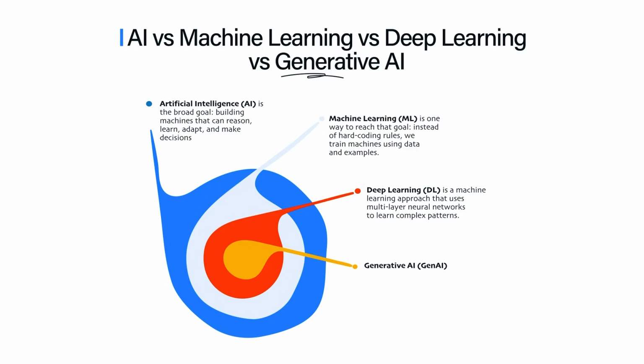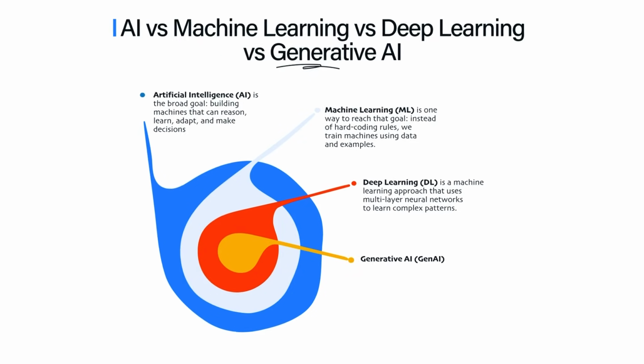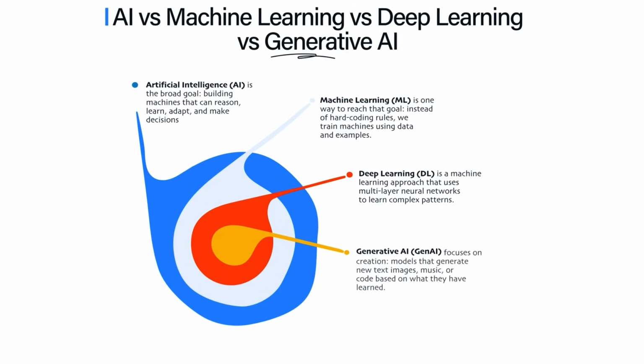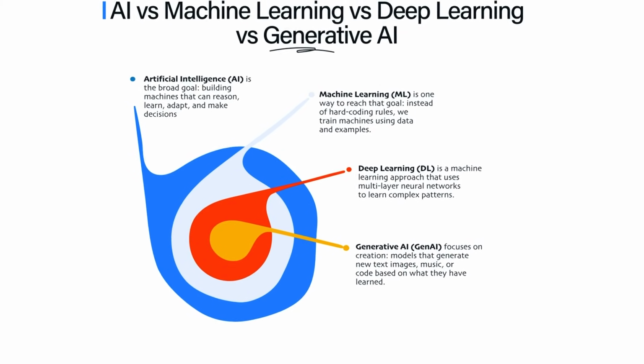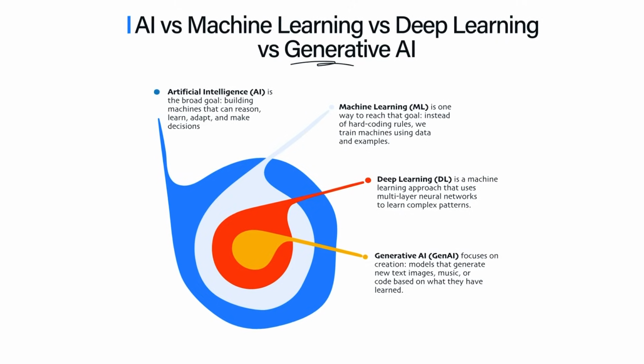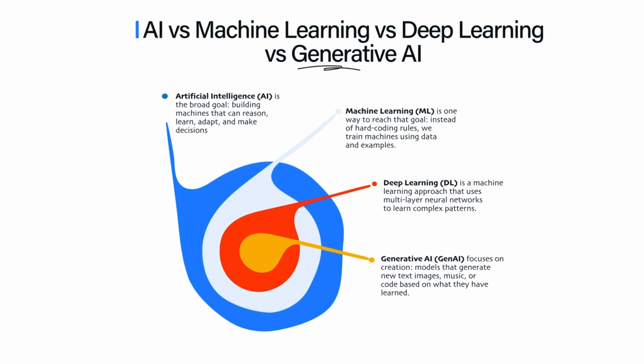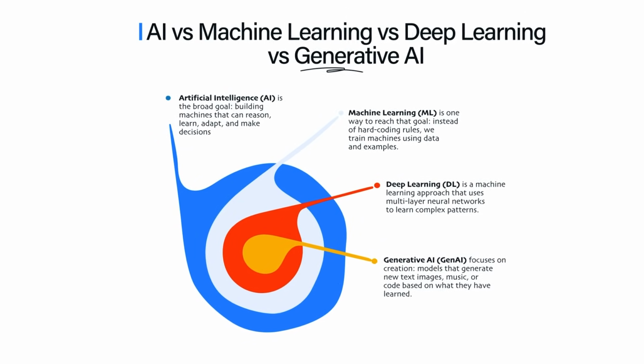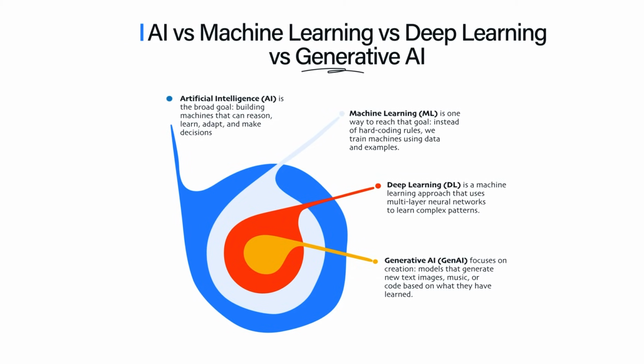It uses neural networks inspired by the human brain to learn complex patterns automatically. Generative AI refers to systems that create new content such as text, images, music, or code by learning patterns from existing data. Although generative AI is not a strict subfield of deep learning, most modern generative AI systems rely heavily on it.